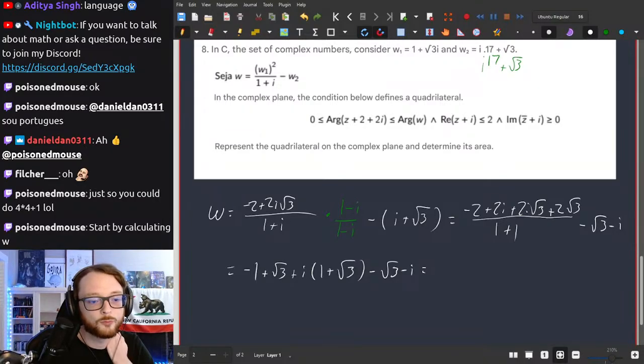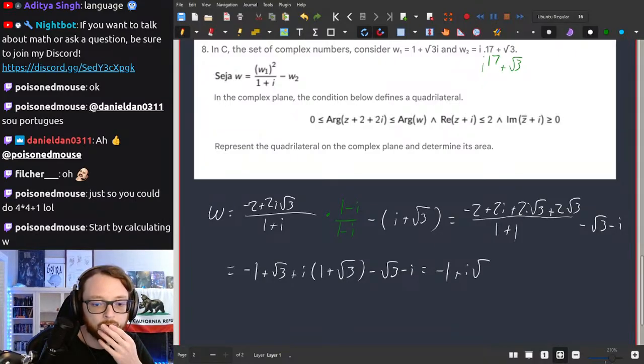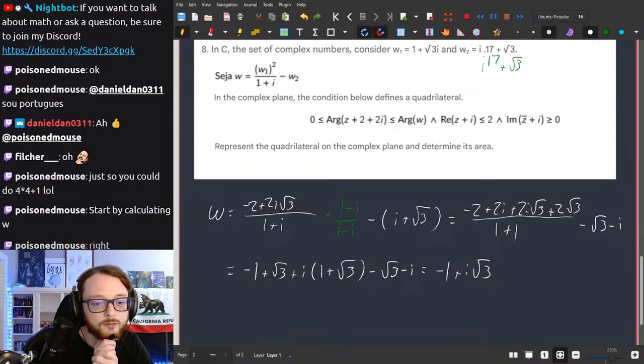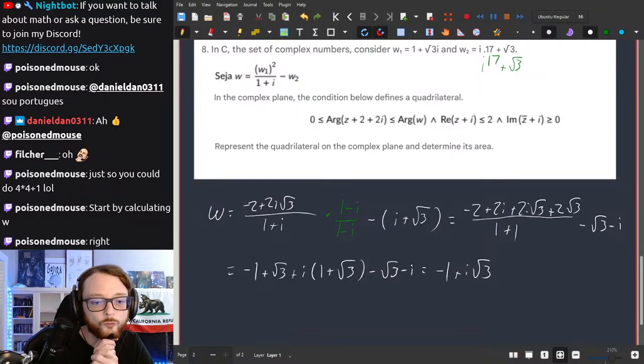The minus root 3's cancel, so we get minus 1. And then the minus i and the plus i cancel, so plus i root 3. Is that right? Feels too simple. Okay, right.